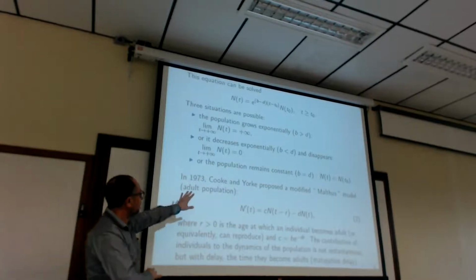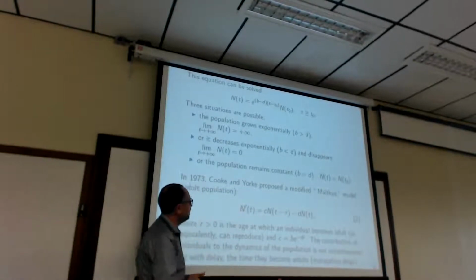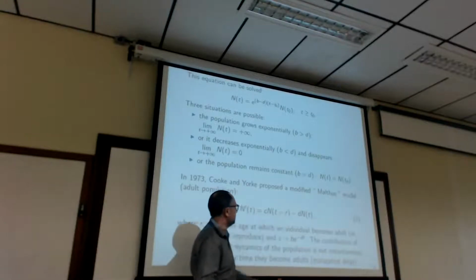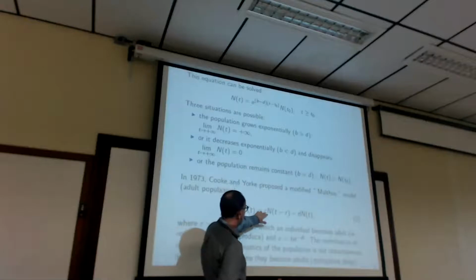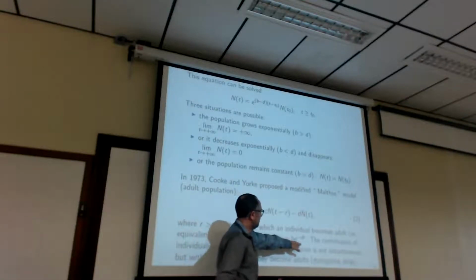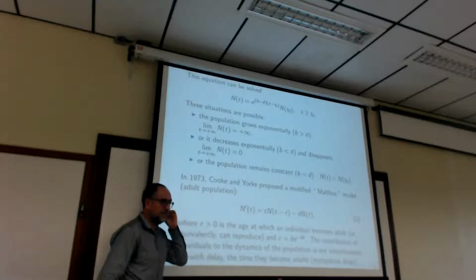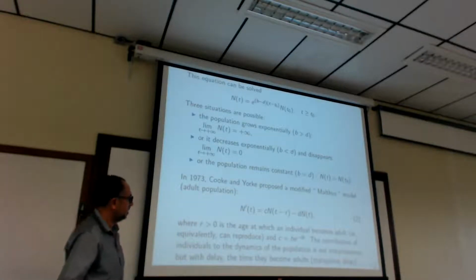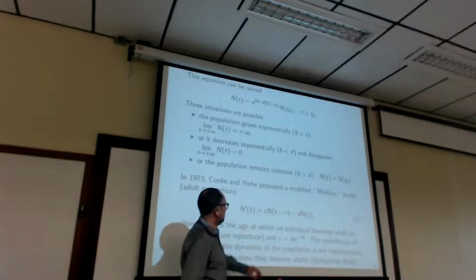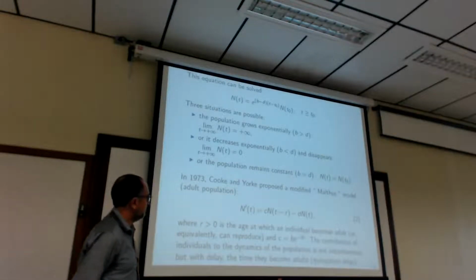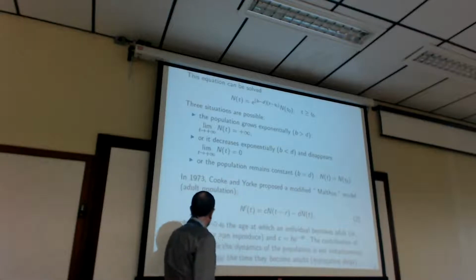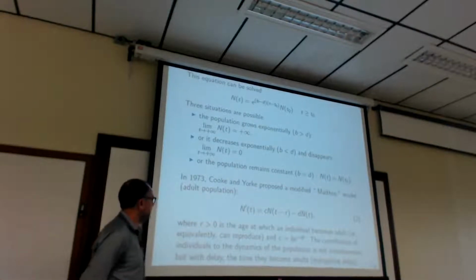Now I will explain why we add the delay here, and why also this parameter C. In the first model it was B, and now we have another parameter. We have to change the parameter here. We add here a delay, which is positive.